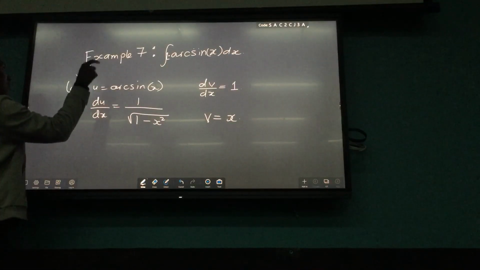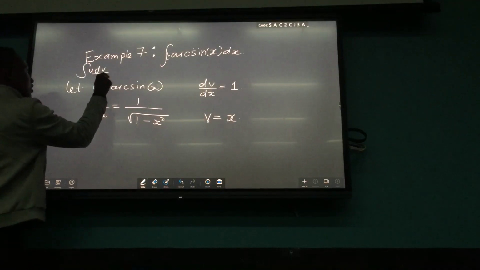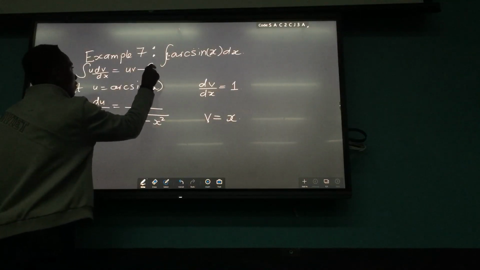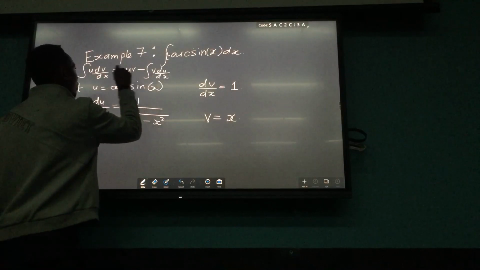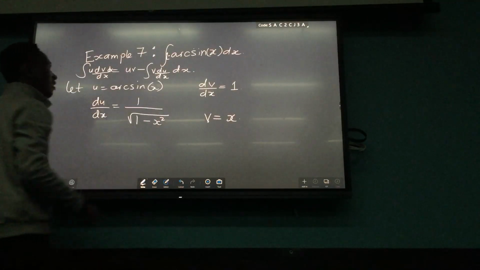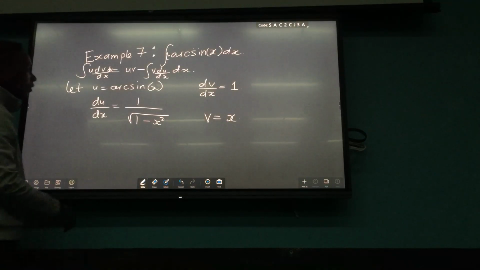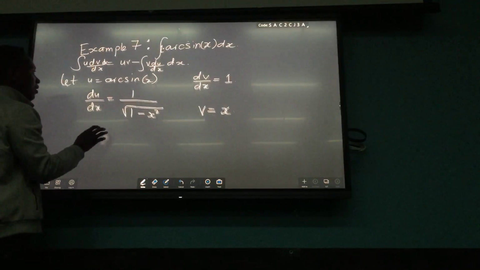Our formula for integration by parts says the integral of u dv over dx is equal to uv minus the integral of v du over dx. So here we also have to put a dx and a dx there. So now we are going to plug these into our formula.